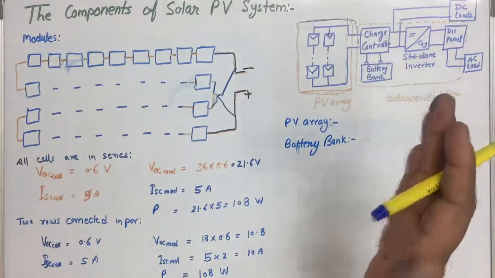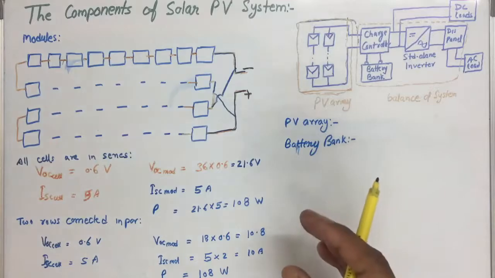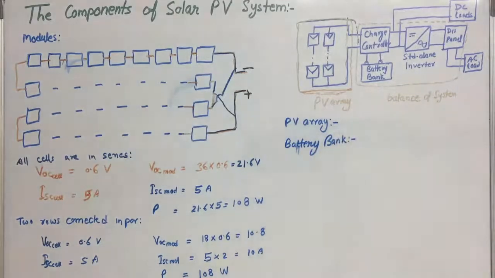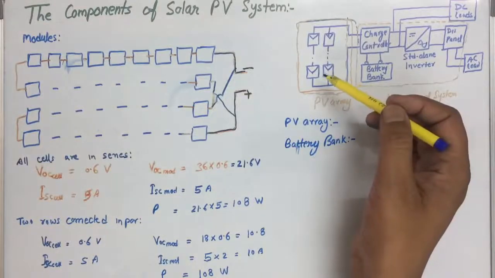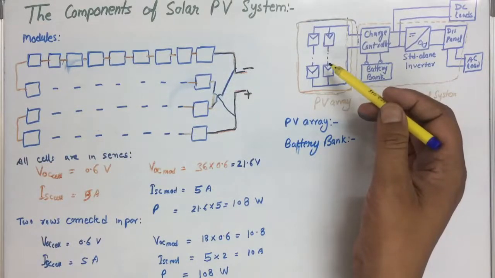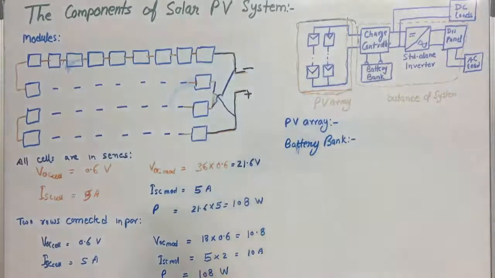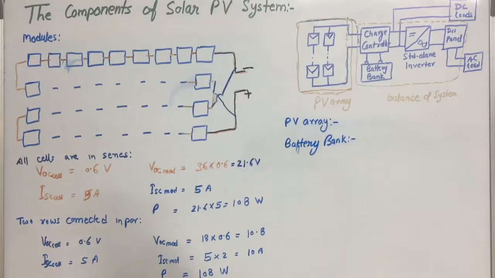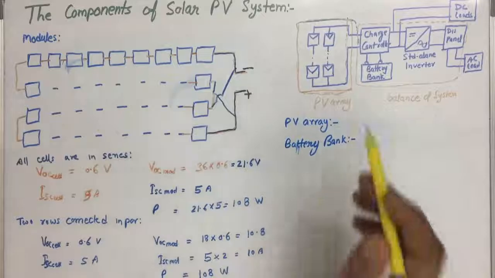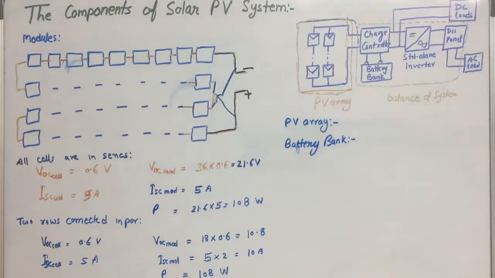If we want to get power from this system in the night time, at that time there is no direct solar radiation, so it is not possible to generate power. In that condition, if we wish to increase the usability or the time of operation of the system, then the battery bank plays the important role.